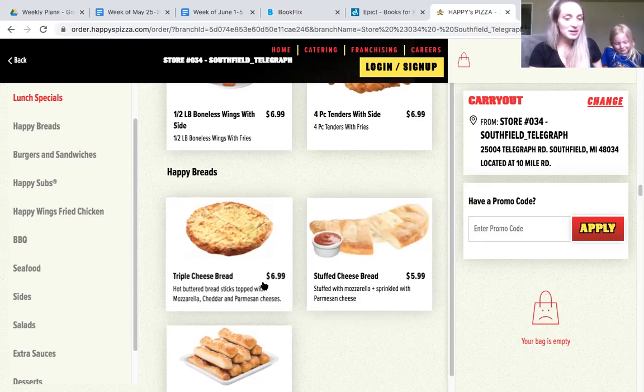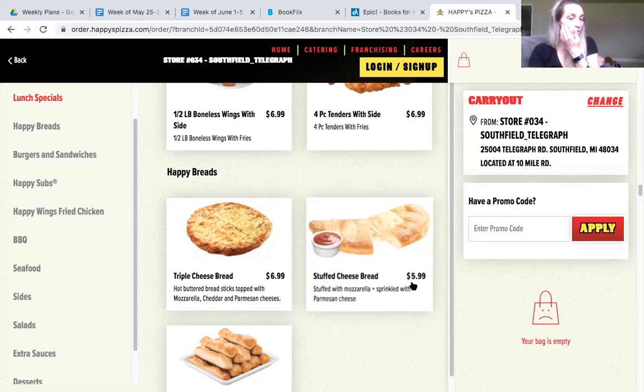So if we compare the prices now, we have 6 in the dollar position in front of the decimal for the triple cheese bread. And for the stuffed cheese bread, what number do we have in front of our decimal? 5. We have 5 in front of our decimal.